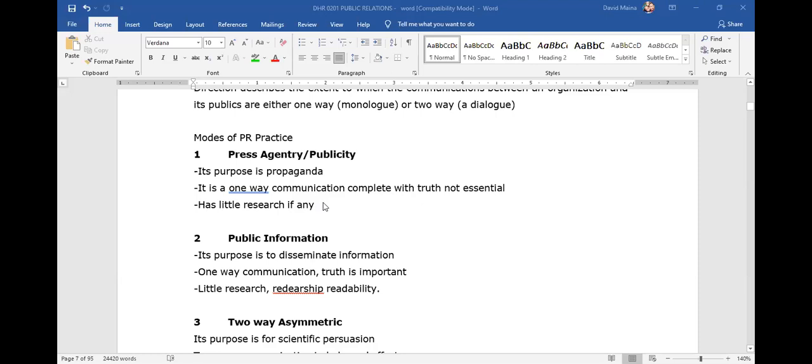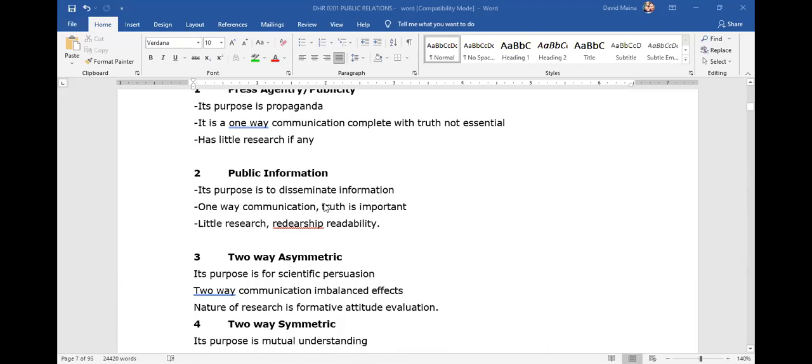Then there is what we call public information, another model of communication, and its purpose is to disseminate information to the public. For example, you can use the media to disseminate information about BBI, the Building Bridges Initiative.